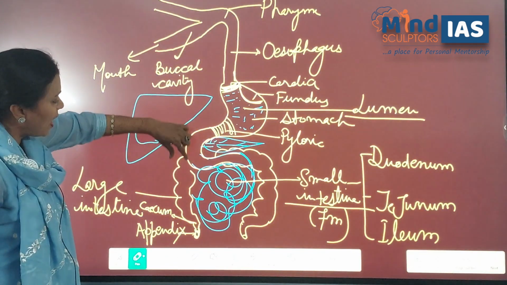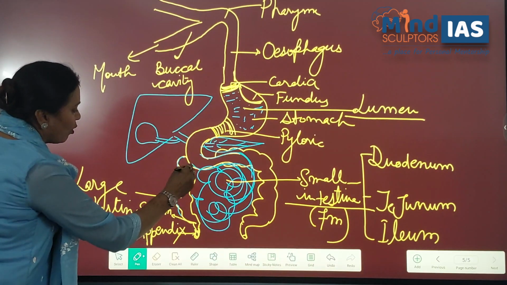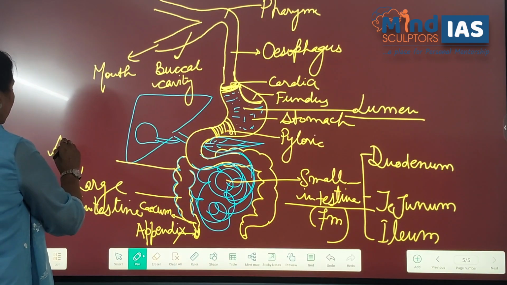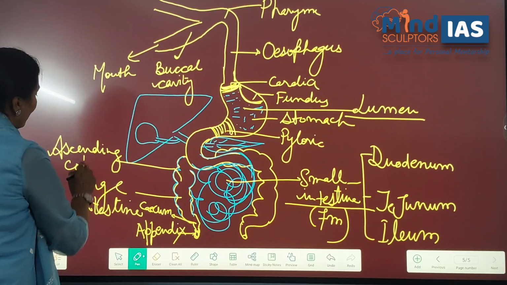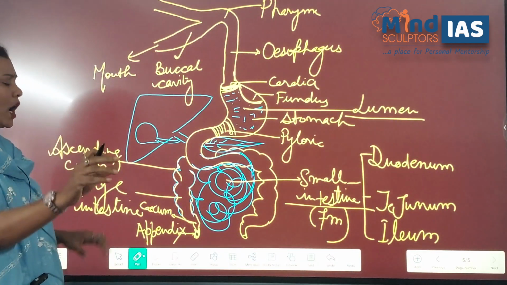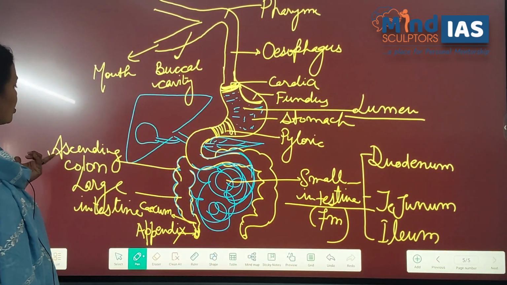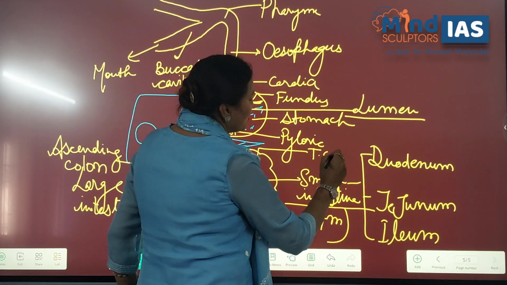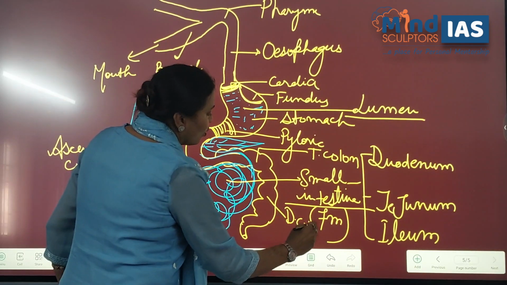This portion of the large intestine is called the ascending colon. This entire tube-like structure is the colon, but according to position, it goes from down to up, so it is called the ascending colon. This region is the transverse colon and this is your descending colon.